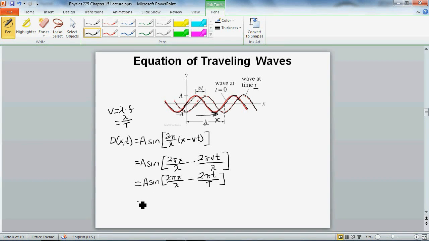Or we can also write the amplitude times sine of 2 pi x over lambda minus 2 pi frequency times time.